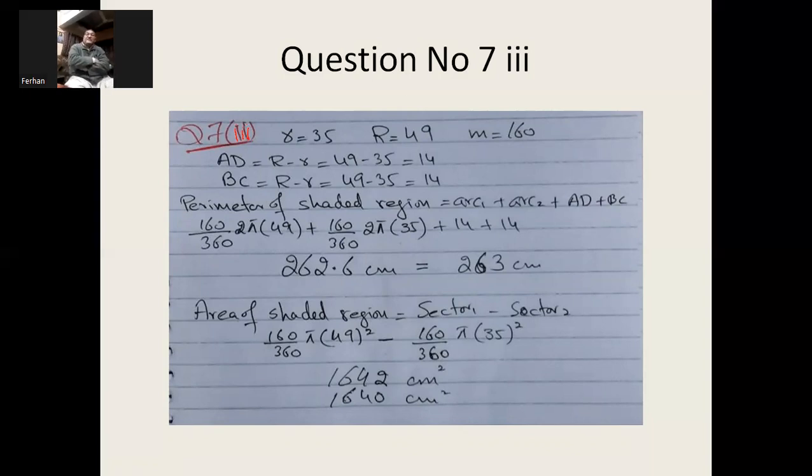We'll have 160 divided by 360 multiply pi multiply 49 square minus 160 divided by 360 multiply pi multiply 35 square. And that will give you 1642, which, when you round it off to three significant figures, will be 1640 centimeters square. So we are done with question number 7.